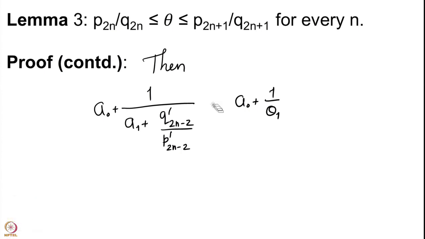and this is less than or equal to, because we have taken a reciprocal, so the sign has switched, a0 plus 1 upon a1 plus q prime 2n minus 1 upon p prime 2n minus 1.